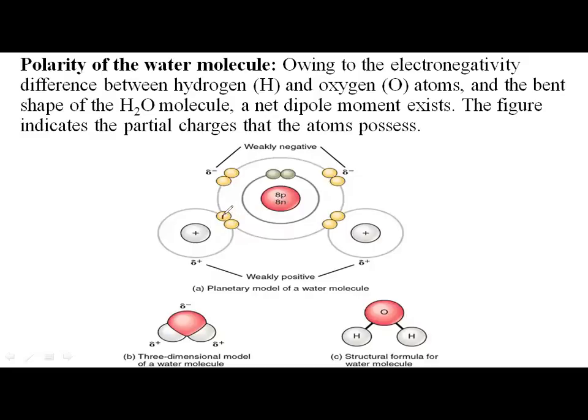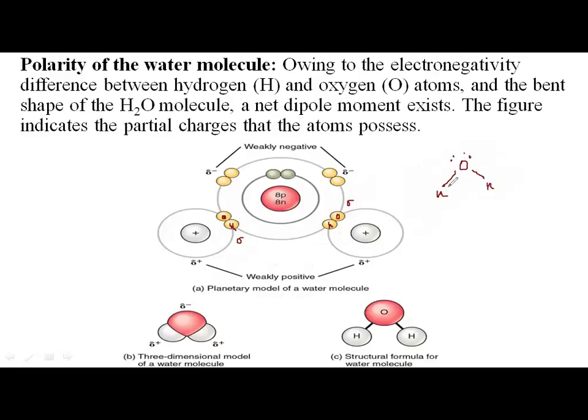So 1 electron of oxygen and 1 electron of hydrogen form a covalent bond. Again, 1 electron of oxygen and 1 electron of hydrogen form a covalent bond. And there is a bent structure. So it comes like this, correct?